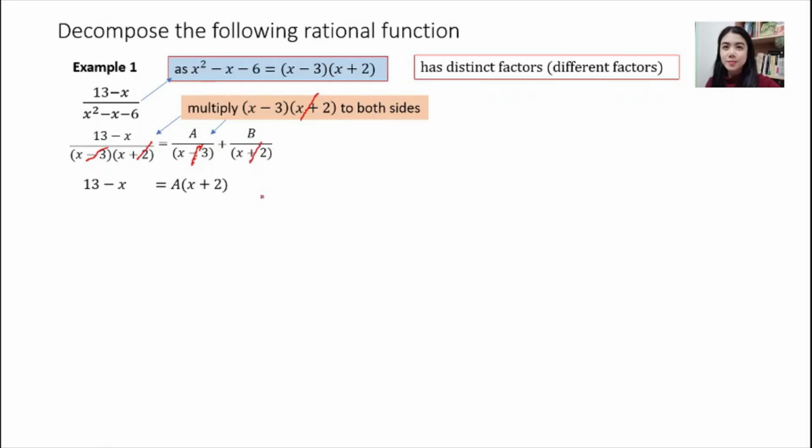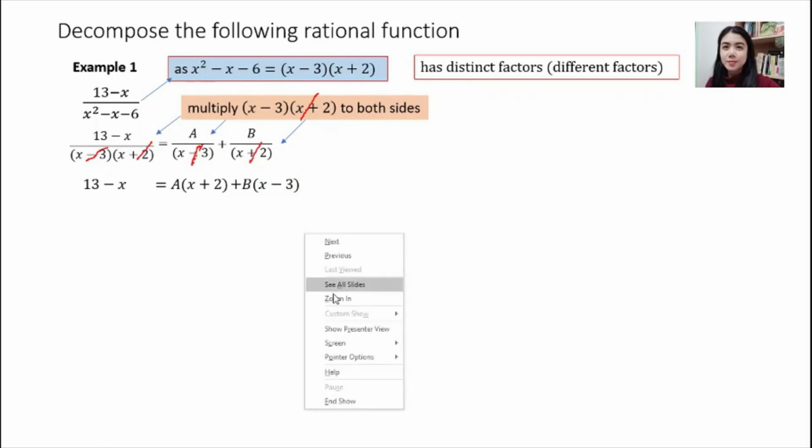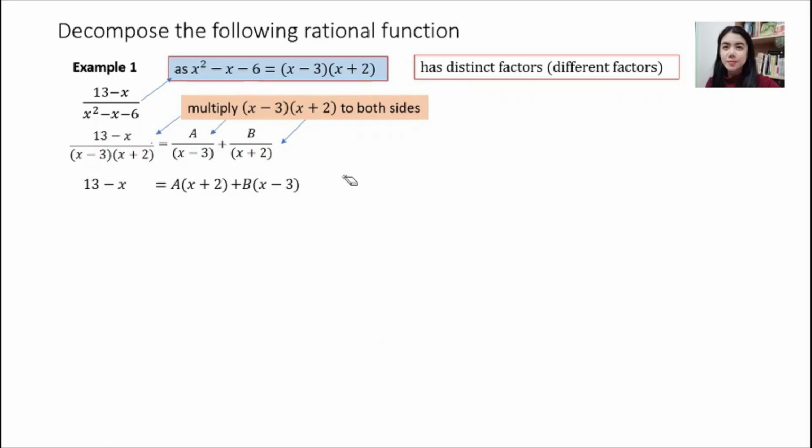So the thing that remains is actually b and x minus 3 only. Right? Okay, so let me erase the thing.